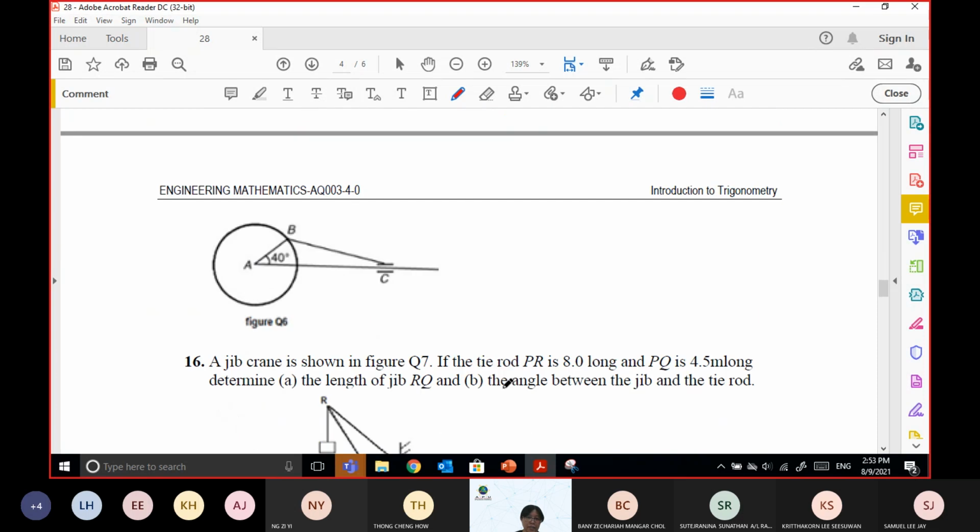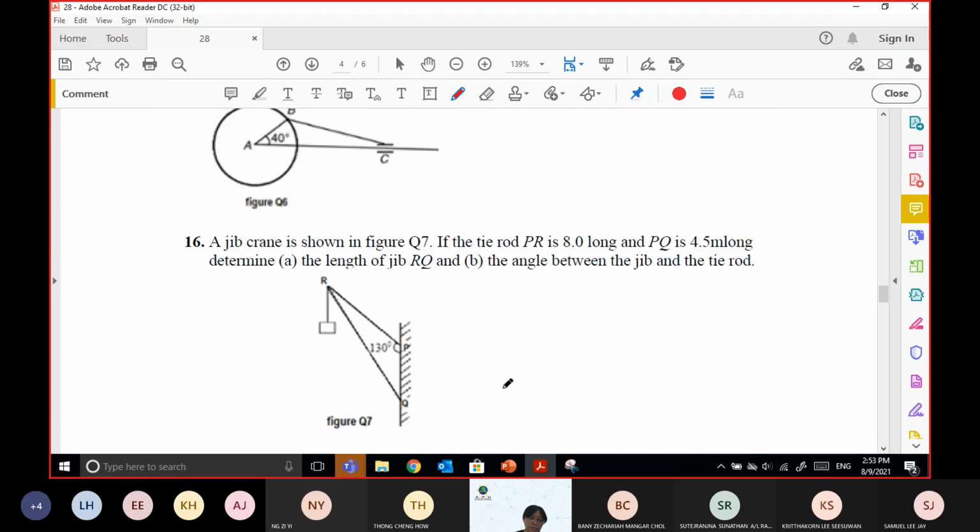Okay, 16, they are A and B. So for A, the answer is 11.43.